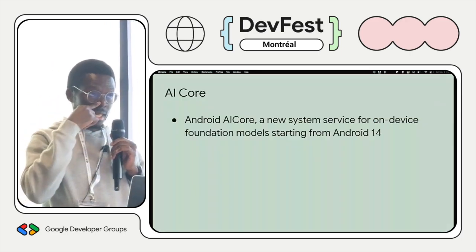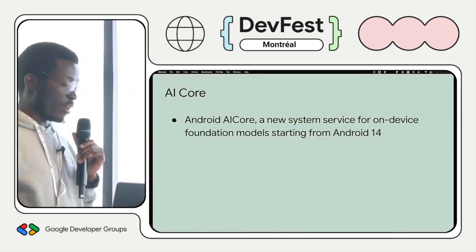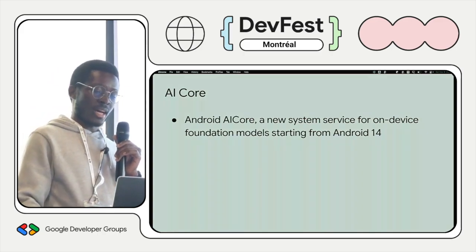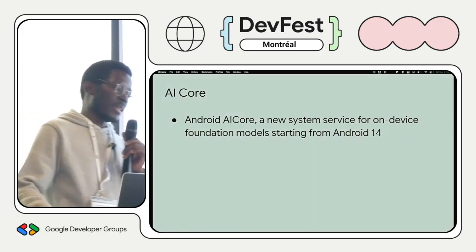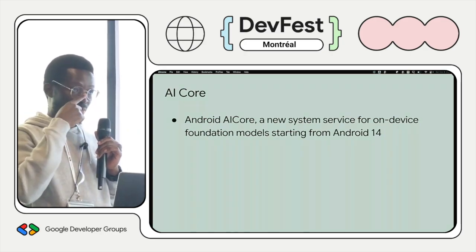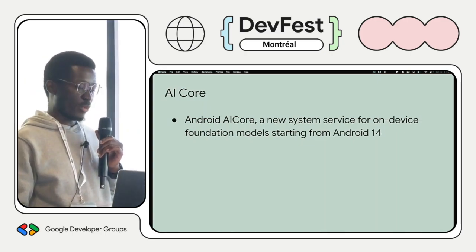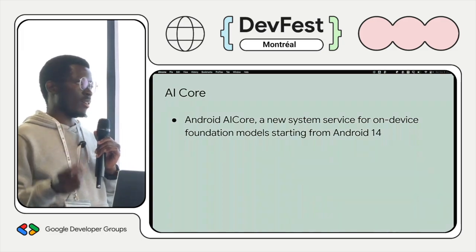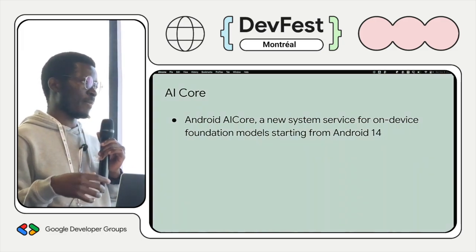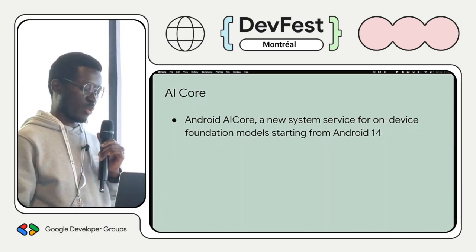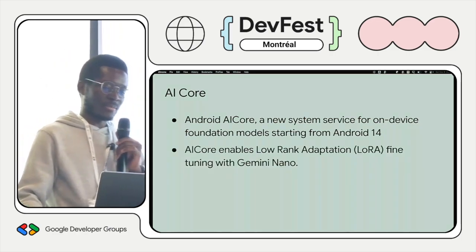AI Core is a new system service on Android, starting from Android 14, that carries all the foundation models. It's a new system service that you can call to have access to all the AI stuff that is related to your device.